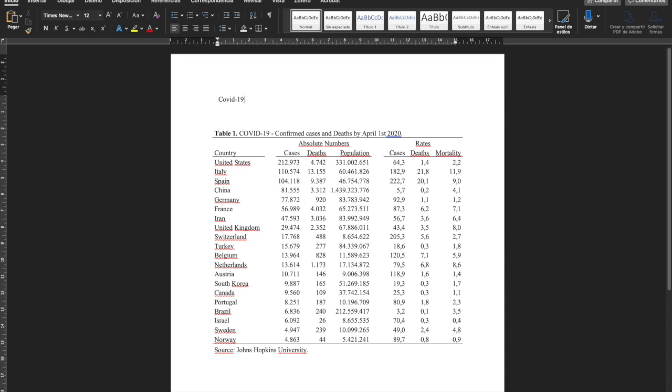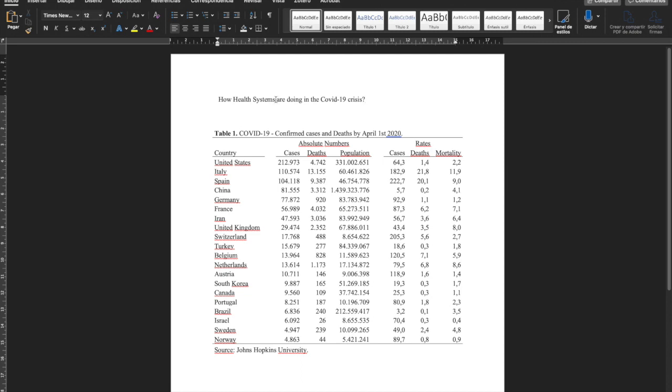There is a better one. How health systems are doing in the COVID-19 crisis.